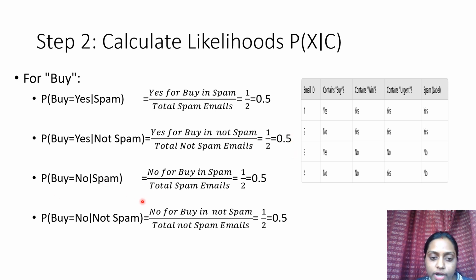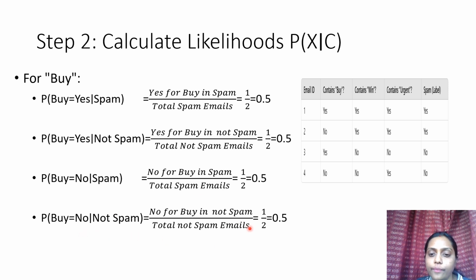Similarly, we have calculated these two probability values also. When buy is no and the message is spam, for this tuple the spam is yes and the buy is no. Again the probability is 0.5. Similarly, buy is no provided not spam.